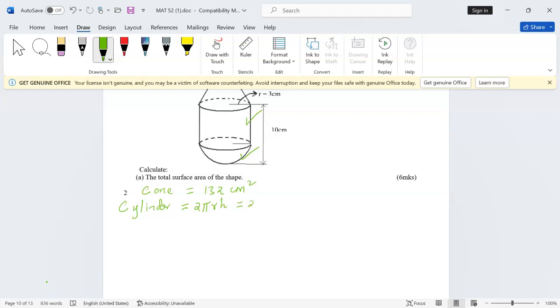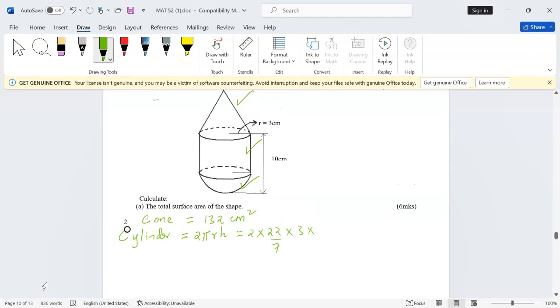Therefore, 2 times pi, multiplied by a radius of 3 according to the diagram, then multiplied by the height. The height from this point to the bottom of the whole solid is 10.